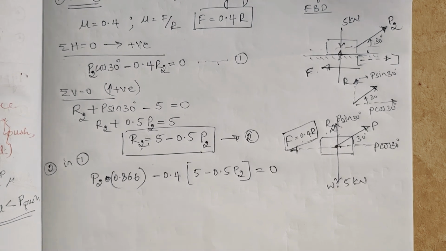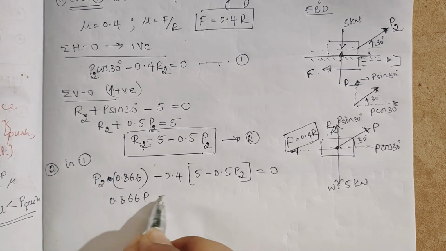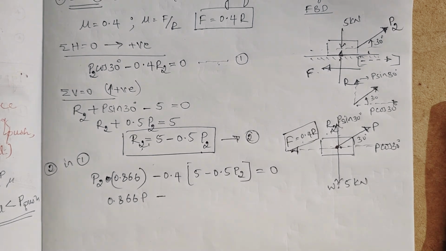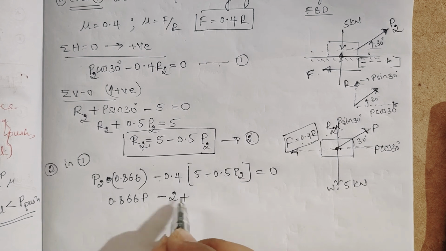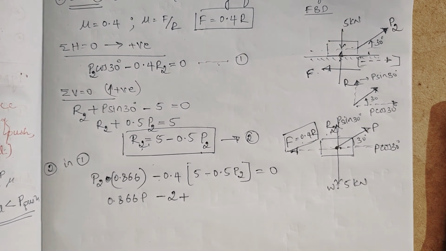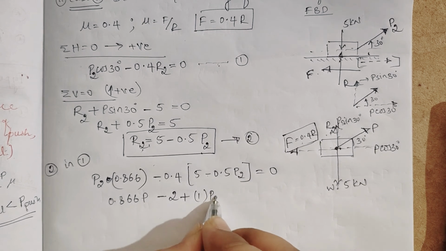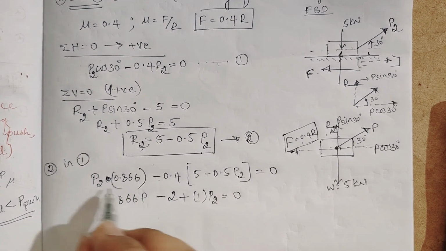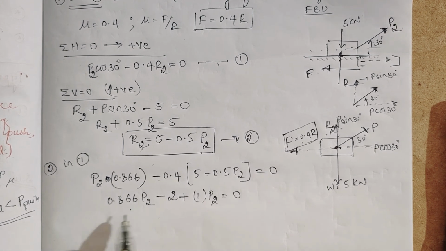Now 0.866 P minus 0.4 into 5 is 2, minus into minus is plus, so 2 into 0.5 is 1, so 1 into P2 is equal to 0. So this is also P2 only. Now this P2 and this P2, what will become?